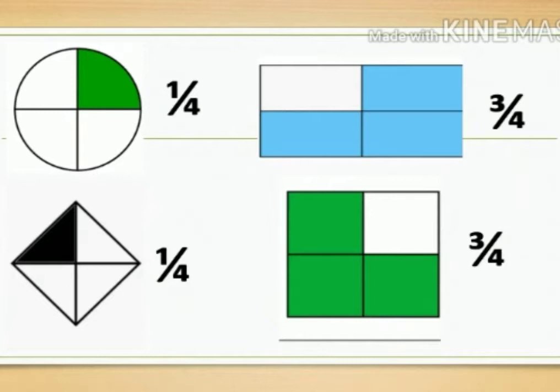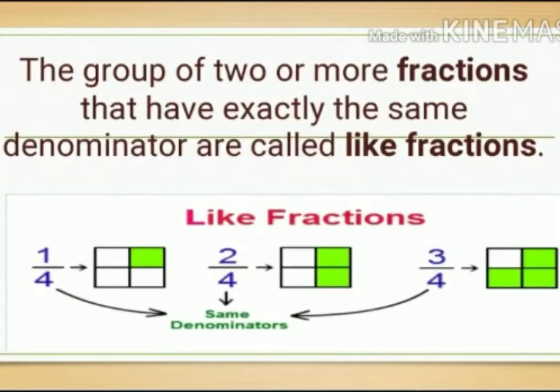Now there is a special name given to such fractions. Such fractions are called like fractions. The group of 2 or more fractions that have exactly the same denominator are called like fractions. So students, can one fraction be a like fraction?